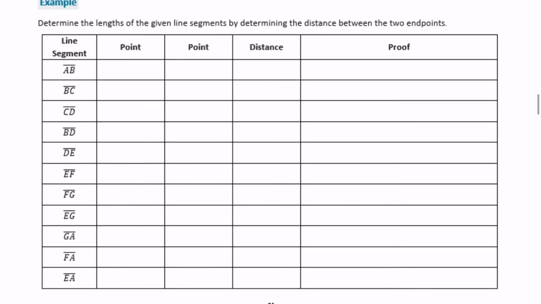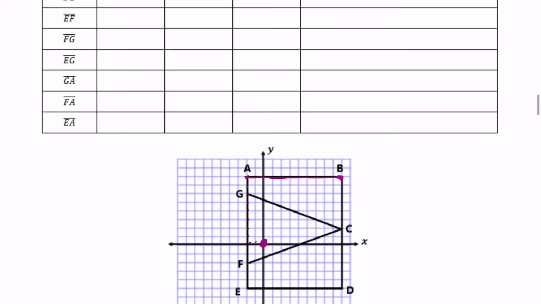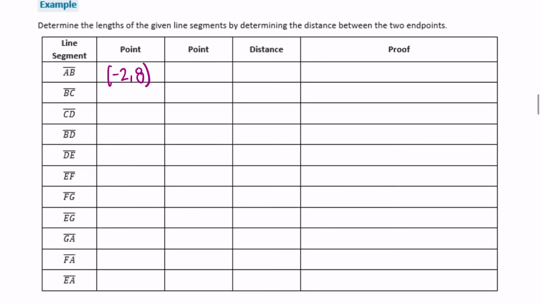So A is at -2, 8. And B is at, let's see, 1, 2, 9, 8. And I don't need to count up because if A was at 8, then B is also at 8 because they are parallel.